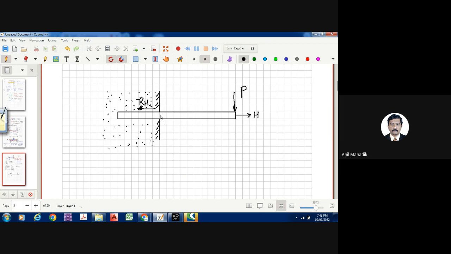Now will this rod move down? Will it move like this? No, sir. Vertically, linearly it will not move because within this zone it is embedded in this concrete. So this portion will not. So there will be vertical reaction. Why?